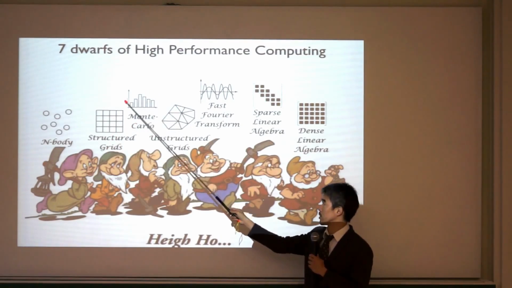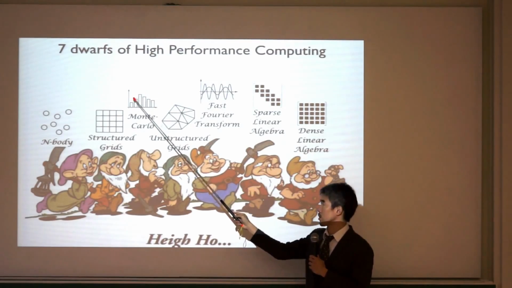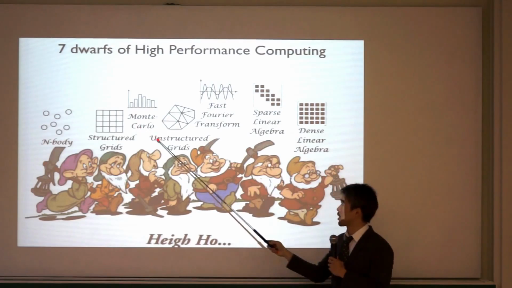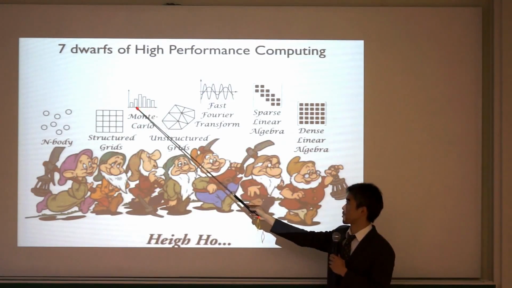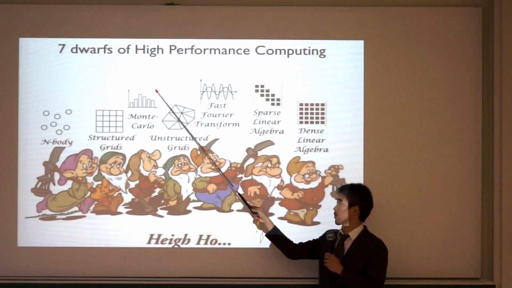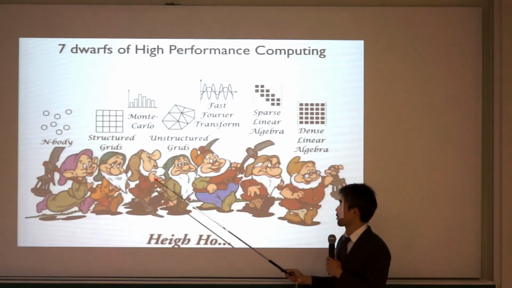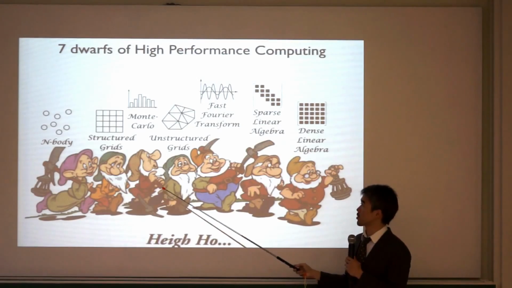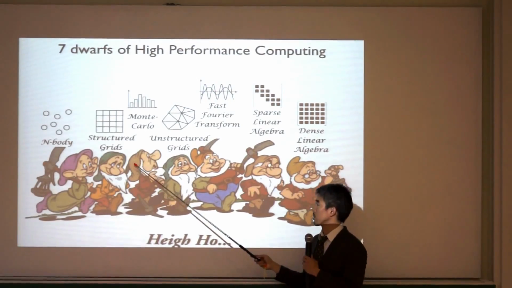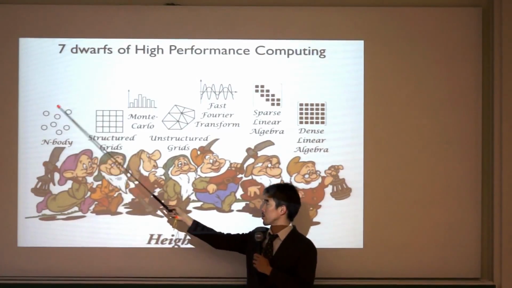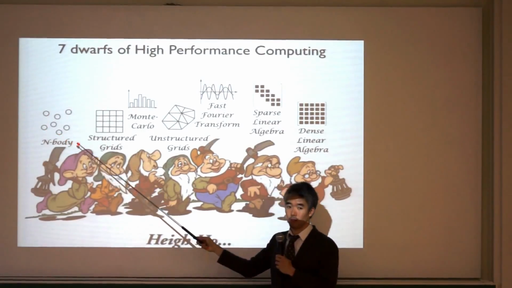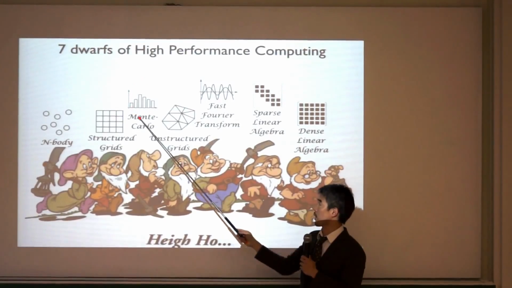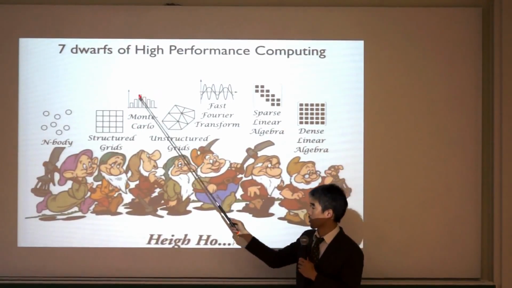Monte Carlo is a more statistical, less deterministic way of doing a simulation. So I'm showing here a histogram of these statistical properties. N-body is used in molecular dynamics, the study of molecular interaction. But before that, Monte Carlo methods were used.